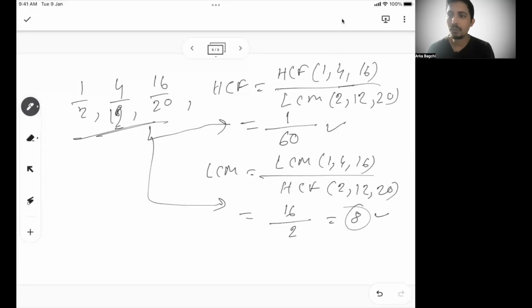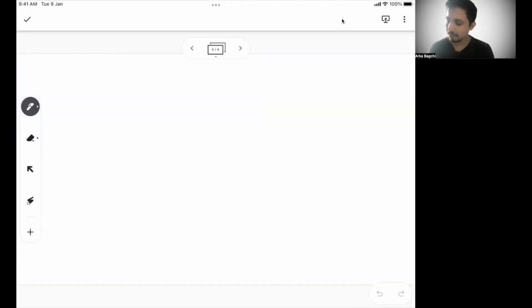Let's solve one or two problems before we get to the last phase of HCF LCM. Let's take three different types of problems. Let's say the sum of two numbers is 40 and HCF is 5.